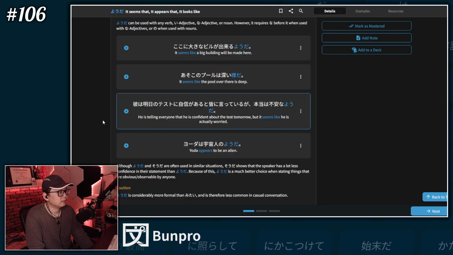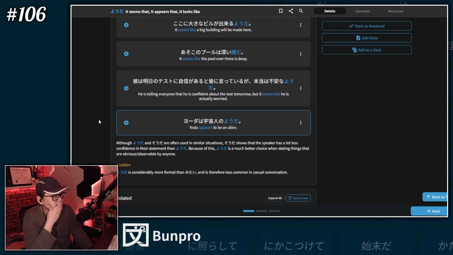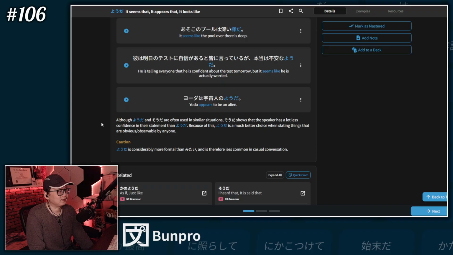彼は明日のテストに自信があるとみんなに言っているが、本当は不安なようだ。 Yoda は宇宙人のようだ。 That's kind of funny.